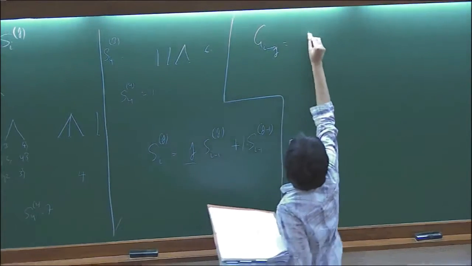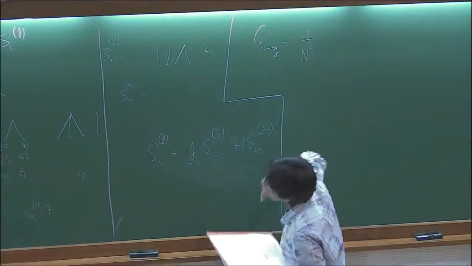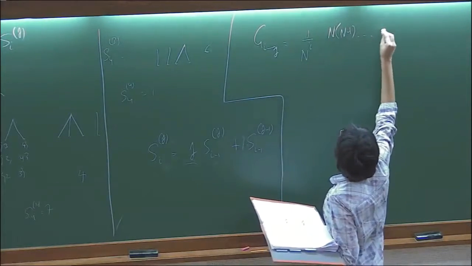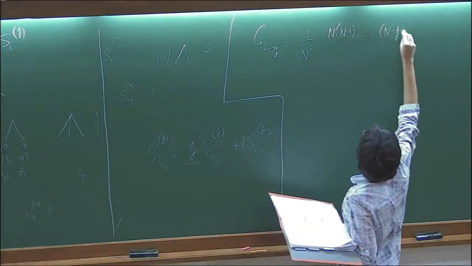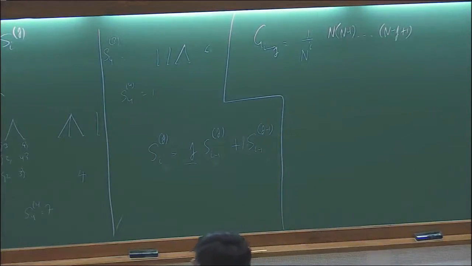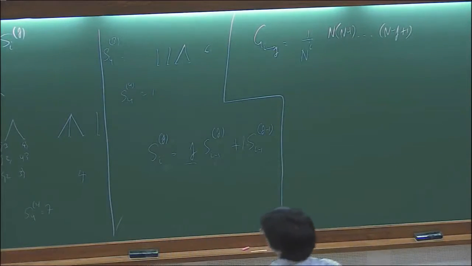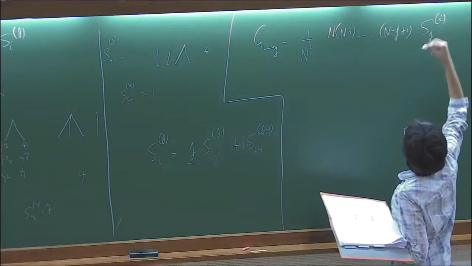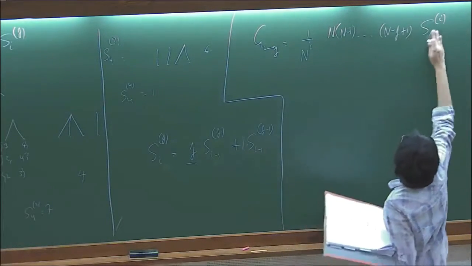Minus J plus 1, and S J I. So this is the probability that if I had I, they became J in the previous solution.